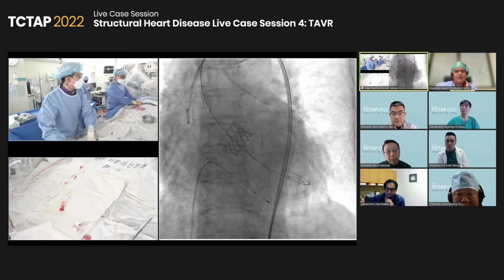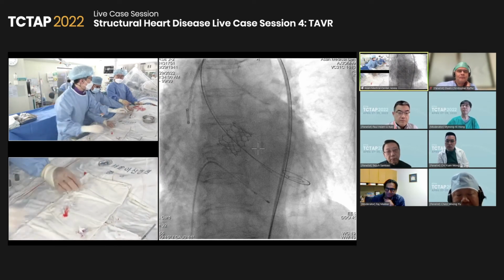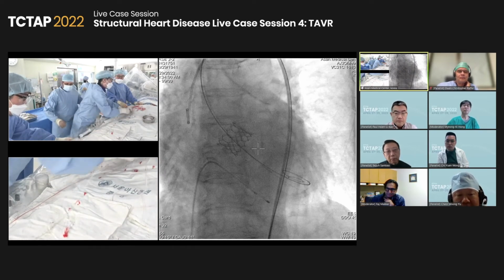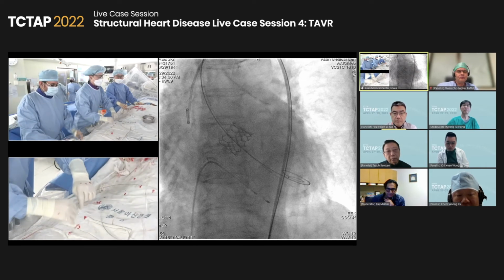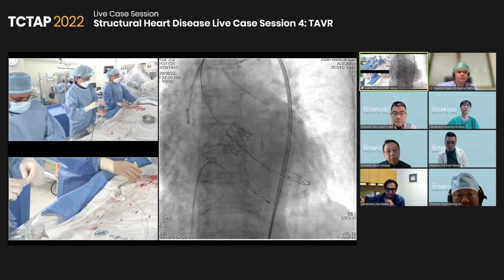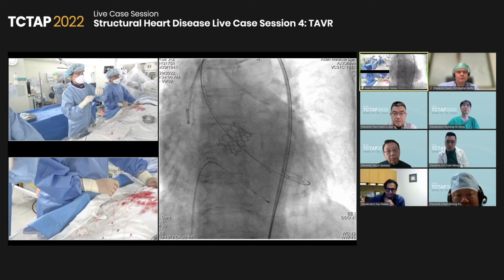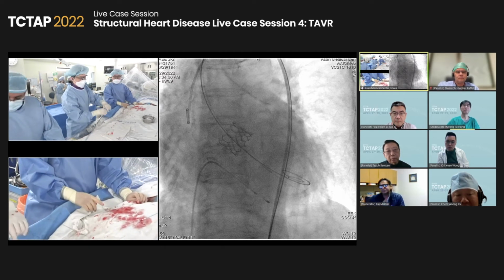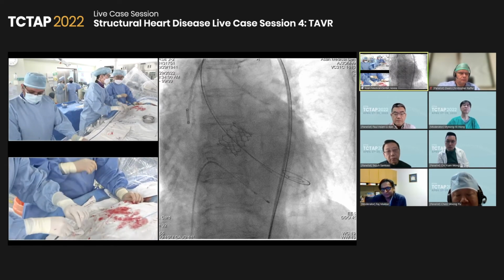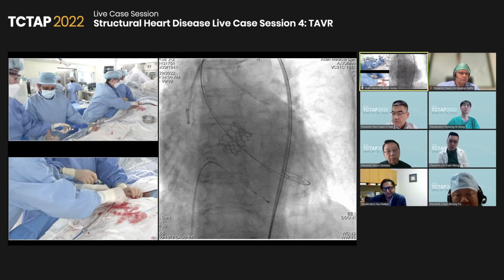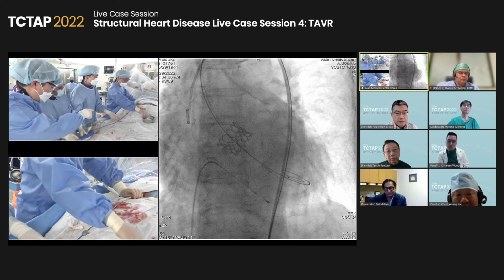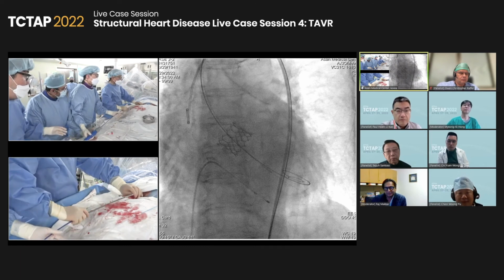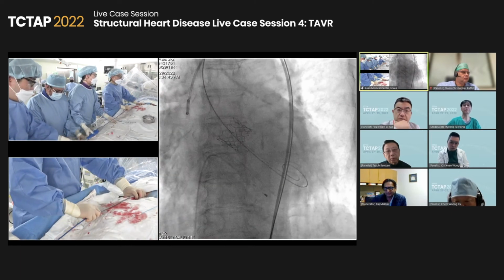So after pre-dilation, I'm going to put the Evolut, the 23. At this moment, how deep to position it, our target is we try to match the lower margin of the Evolut system to the same line as the previous Sapien valve.